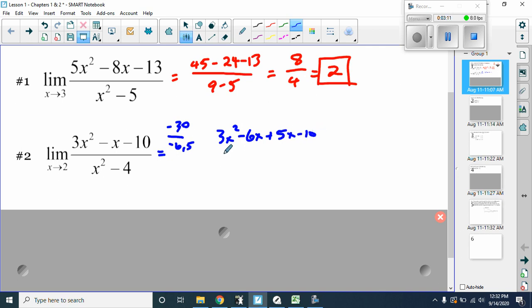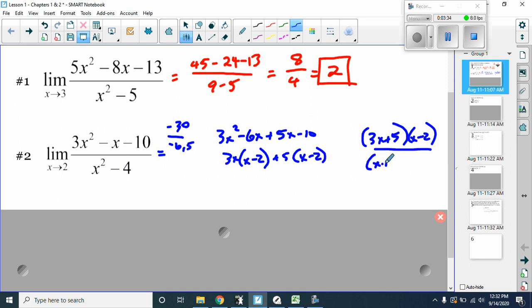I could take a 3x out of these first two, leaving me with x minus 2, and a 5 out of these two, leaving me with x minus 2. So factoring the numerator, I get (3x plus 5)(x minus 2). And the bottom is a difference of squares, so we've got (x plus 2)(x minus 2).